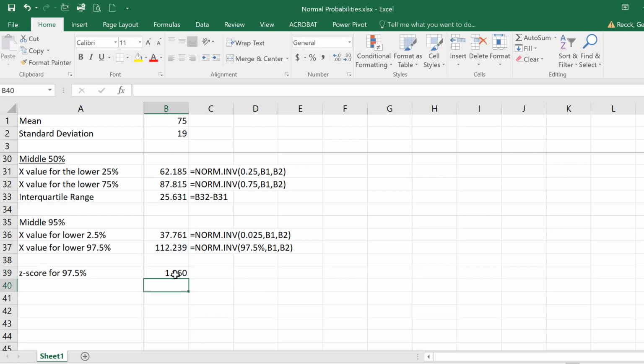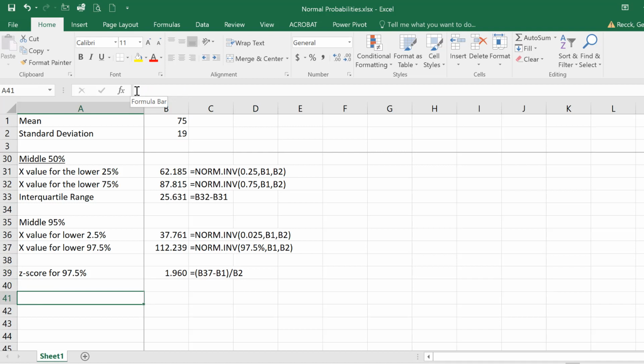And we see that that z-score is 1.96, very, very close to 2. And another good example of how the empirical rule works. Except that it works better when I do it right. That is better.